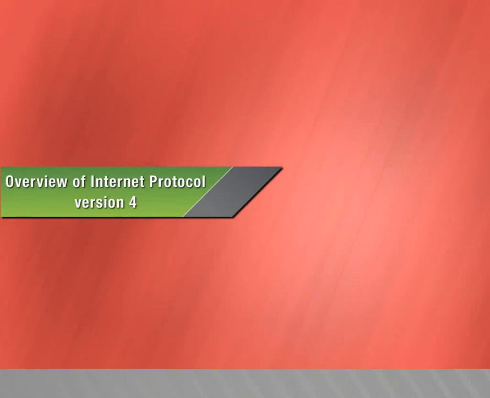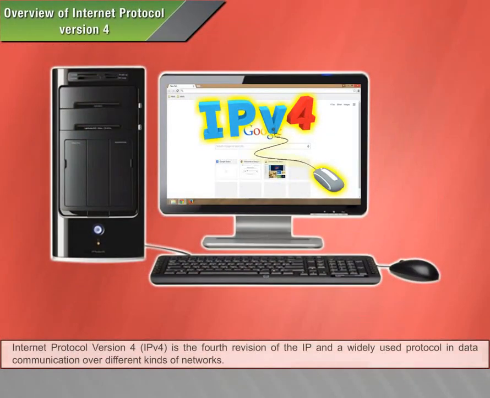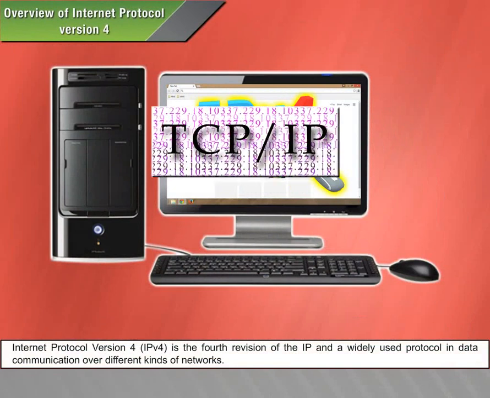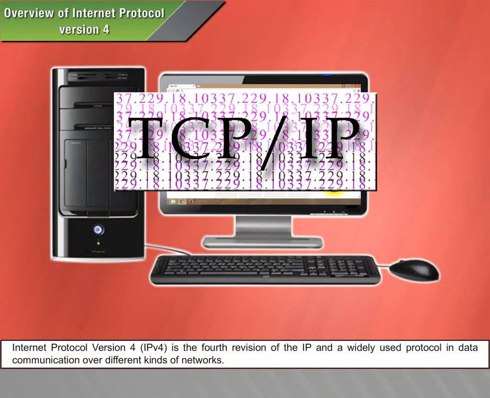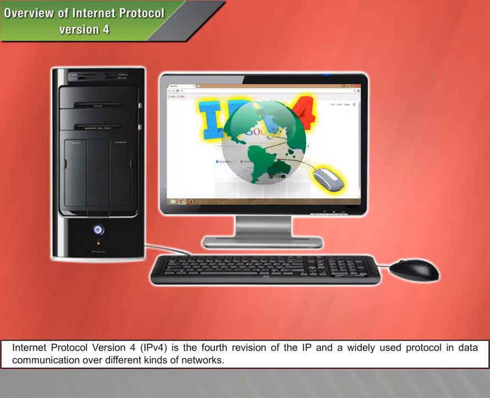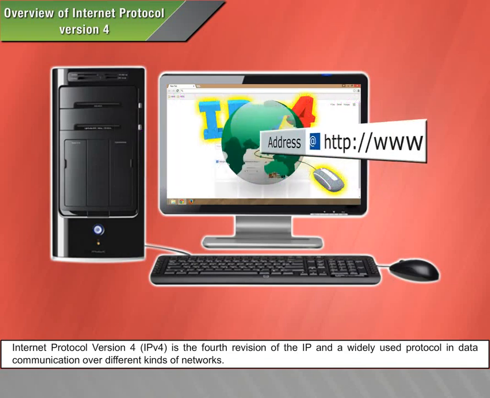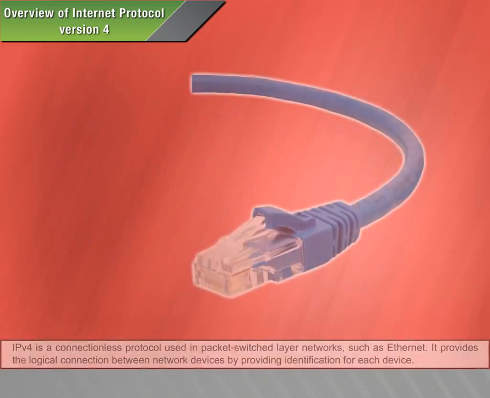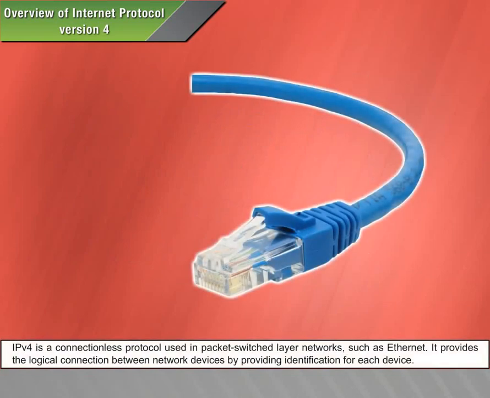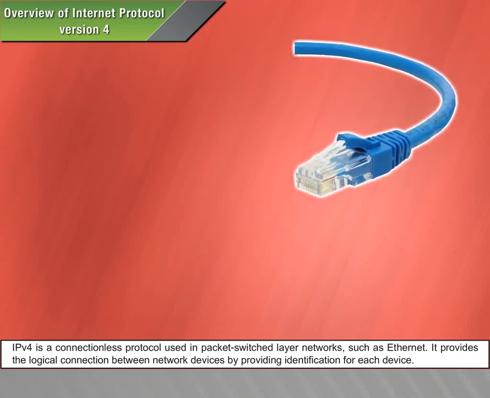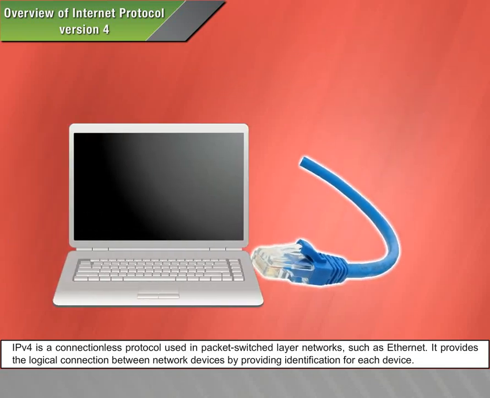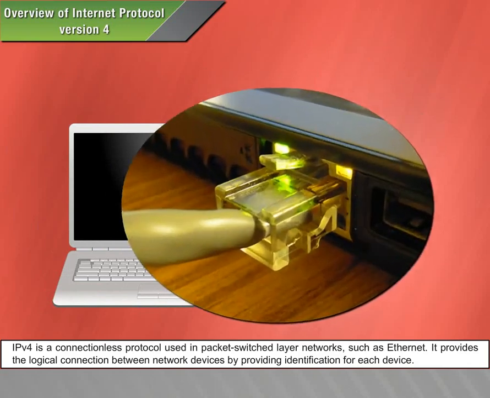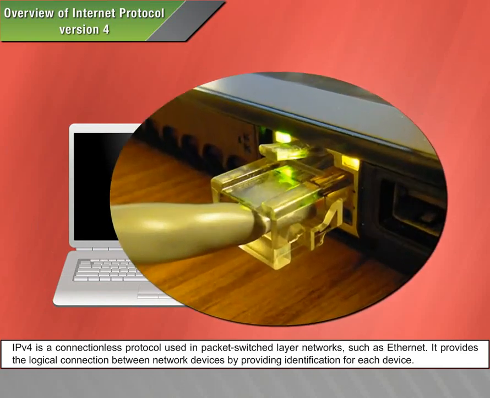Overview of Internet Protocol version 4. Internet Protocol version 4, that is IPv4, is the fourth version of the IP and a widely used protocol in data communication over different kinds of networks. IPv4 is a connectionless protocol used in packet-switched layer networks such as Ethernet. It provides a logical connection between network devices by providing identification for each device.